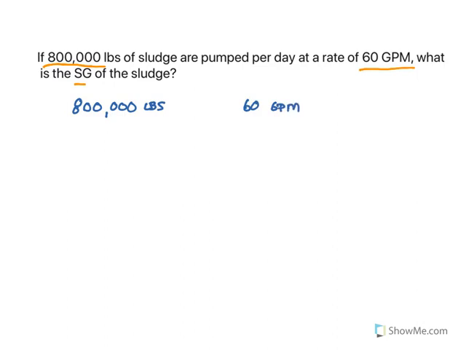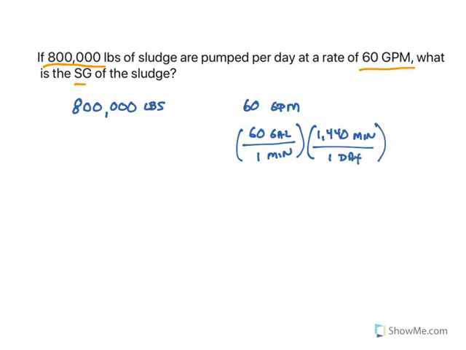So I want to use that 60 gallons per minute times 1,440 minutes in a day to figure out how many gallons I pumped today, or for this day.